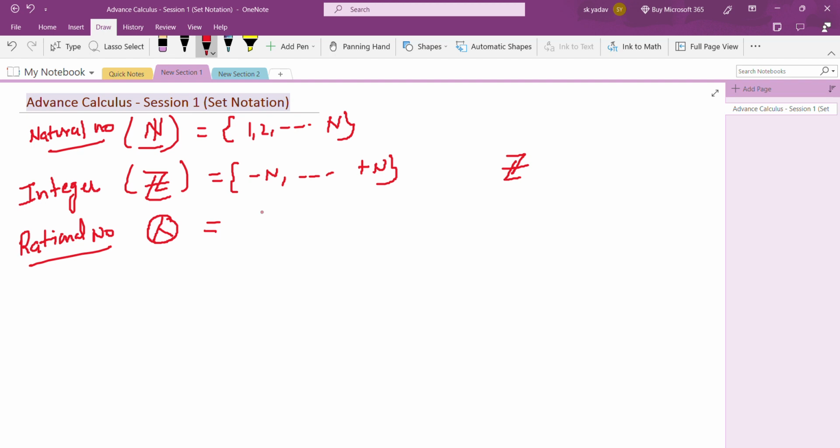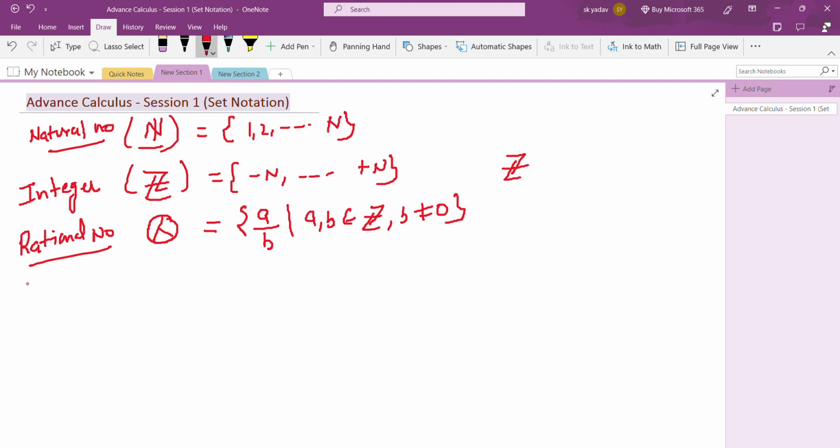It comes from a divided by b, where a, b belong to the integers, natural numbers or negatives, so I'm just representing it as an integer, where b is not equal to 0. This symbol signifies a rational number.